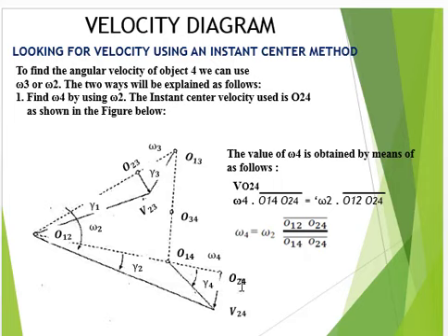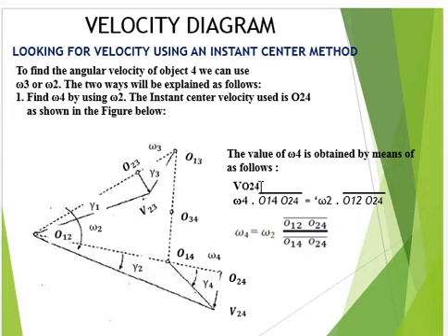The instant center of velocity for omega 4, at this position, is the instant center at point O24. The value of angular velocity omega 4 is obtained by means of this equation.